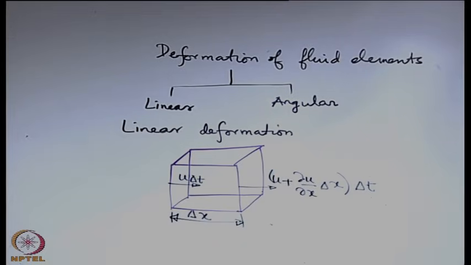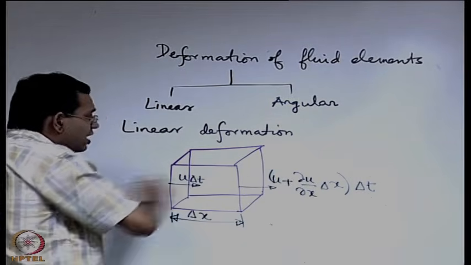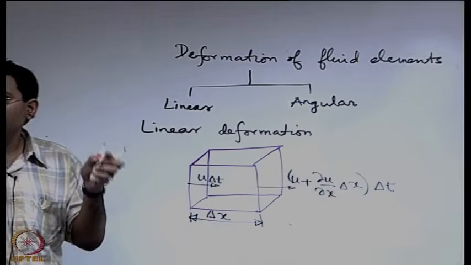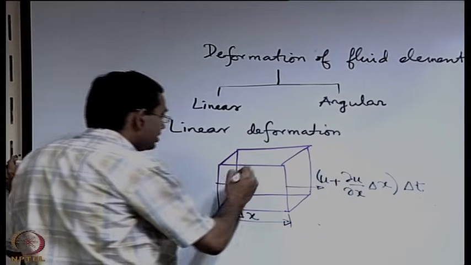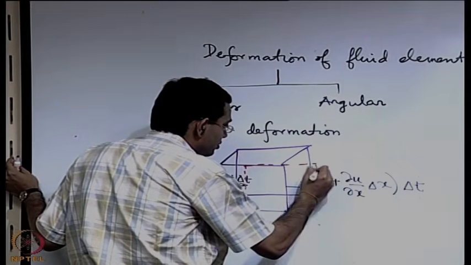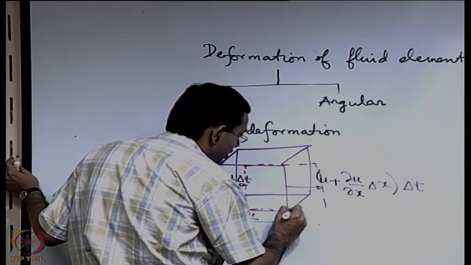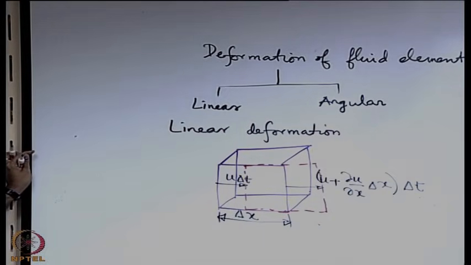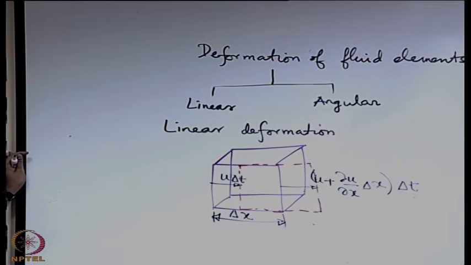If you consider only the front face and only this motion, say we freeze all other events just for a clear picture, it has a new configuration shown by this dotted line. So what is the change in its length along x? That is the final length minus the original length.